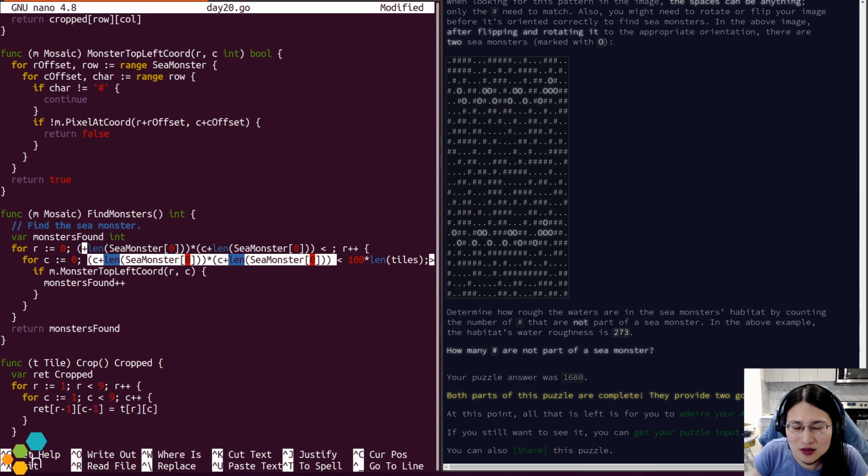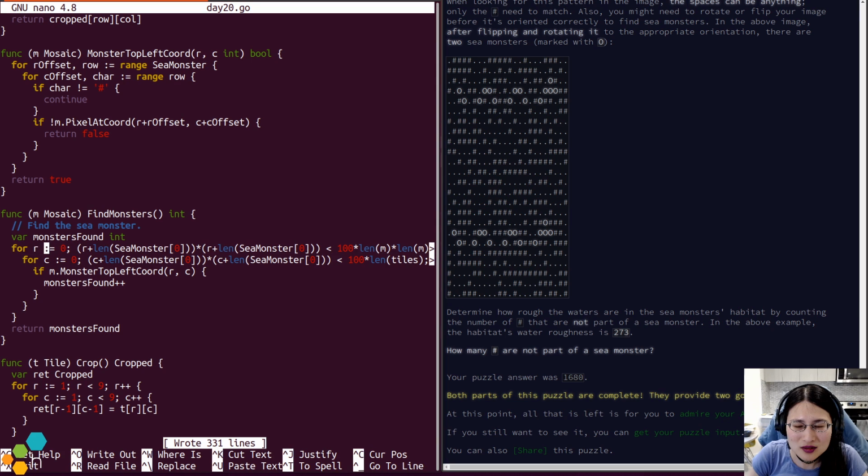I guess we handle operating on the mosaic. The mosaic dimensions are always going to be 10 times there. Okay, that should work. And this becomes R and R here. Oh, and this is the number of rows in the... Okay.